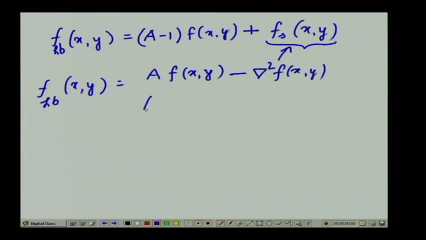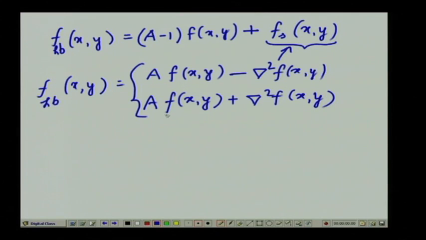Or I will have the same expression written in the form A f(x,y) plus Laplacian of f(x,y) when the center coefficient in the Laplacian mask is positive.